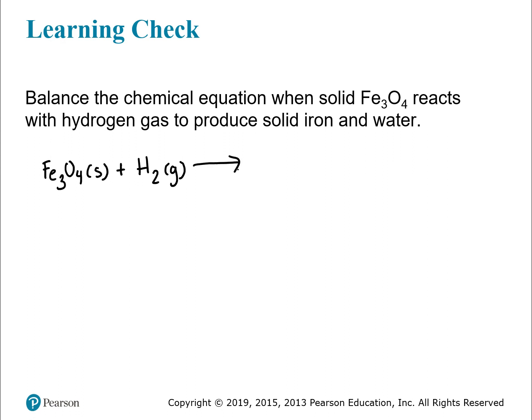Then we have our yield sign, and it produces solid iron and water. Water, remember, is a liquid, so you need to put that in parentheses. Now that we have our unbalanced equation, we need to take a lay of the land. See what we've got here.